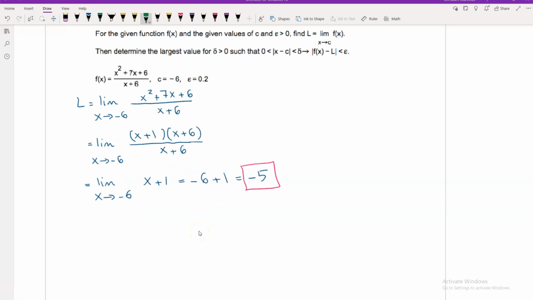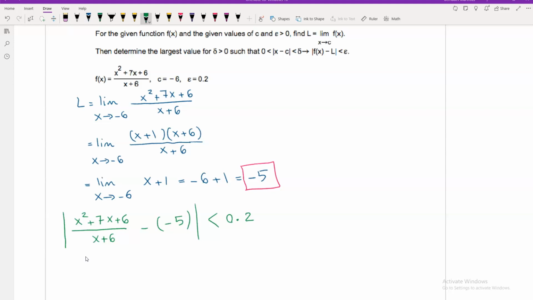So here on this part, we didn't have L given. That's why we had to find this part first. And now we are able to solve absolute value of f of x minus L less than epsilon. So solve absolute value of our function x squared plus 7x plus 6 divided by x plus 6 minus L, L is -5.